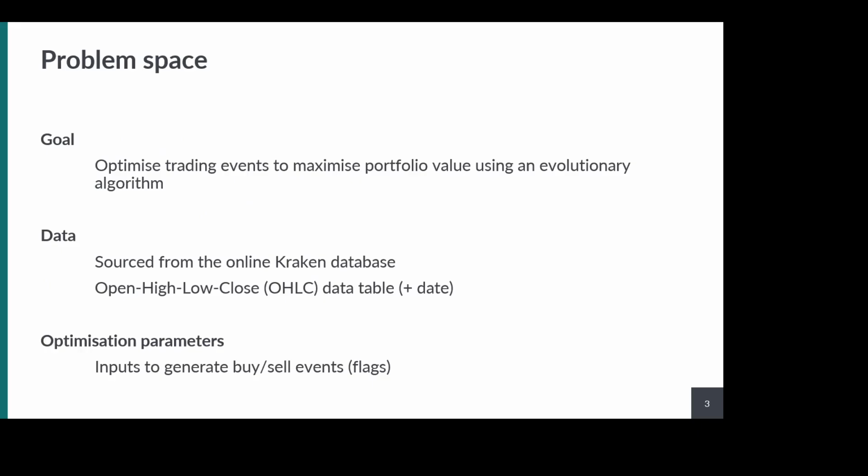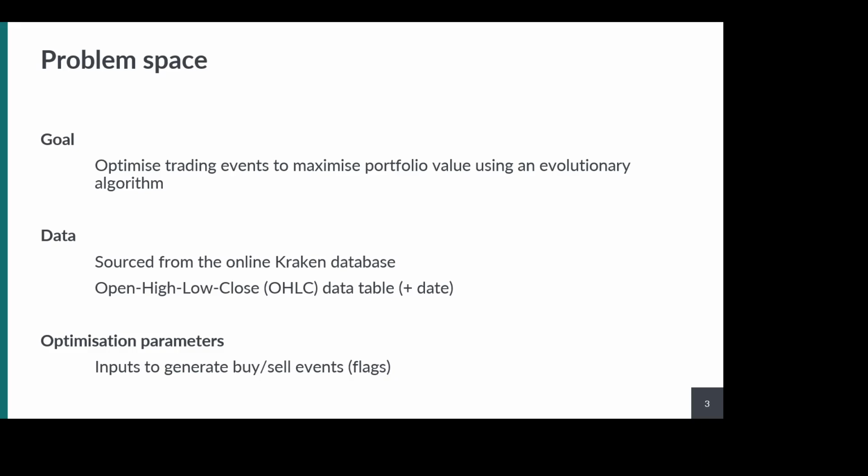The problem space is simply wrapped up in terms of the goal of our trading bot, which is to optimize the trading events to maximize its final portfolio value. This is with an input and other constraints such as the commission value, and this is done through the use of the evolutionary algorithm to optimize those buy and sell flags.